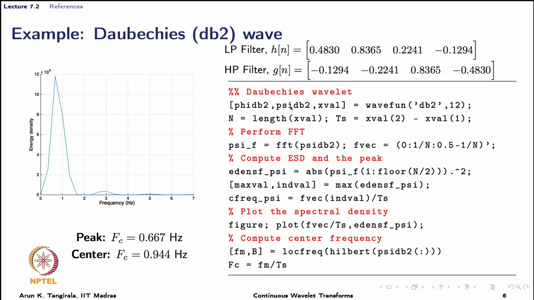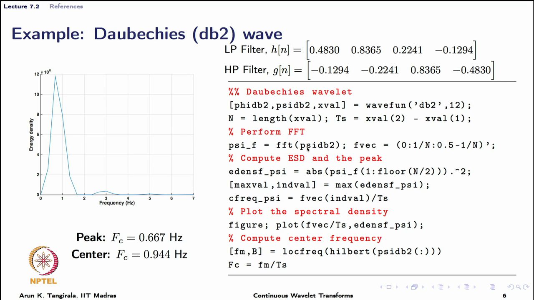Of interest to us is this psi dB2, and once again I compute either the center frequency or the peak frequency, knowing very well of course that the center frequency is more appropriate. For comparison purposes, I compute both.